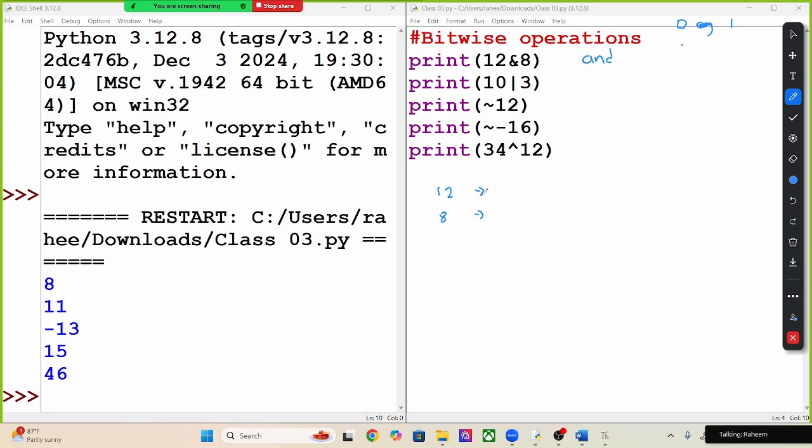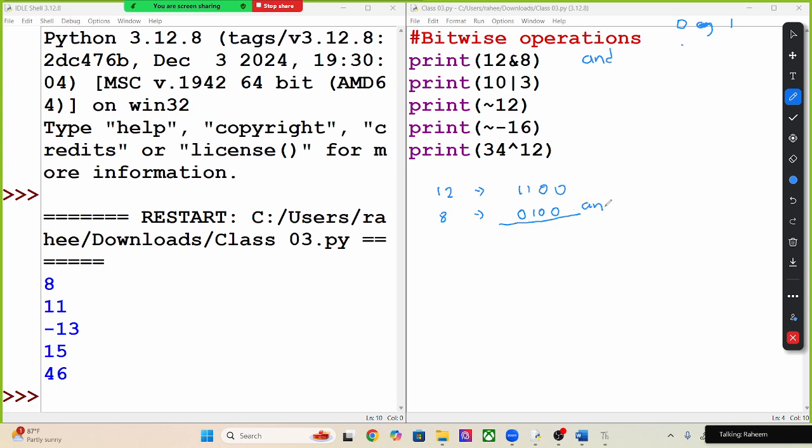It's really easy, so I'm not going to explain it here because it will take extra time. 12 is 1100, 8 is 100, and one digit is missing, so you can put 0. The value doesn't change.